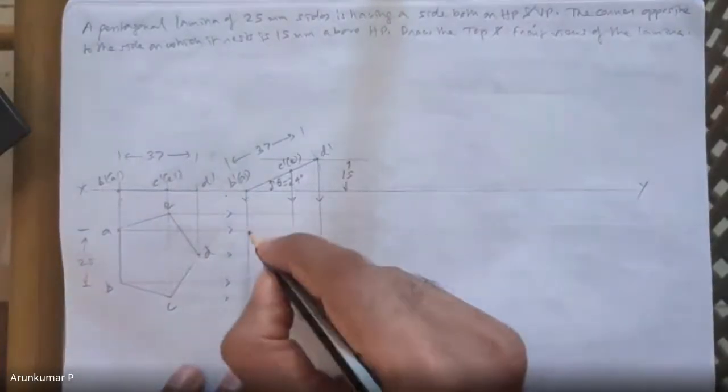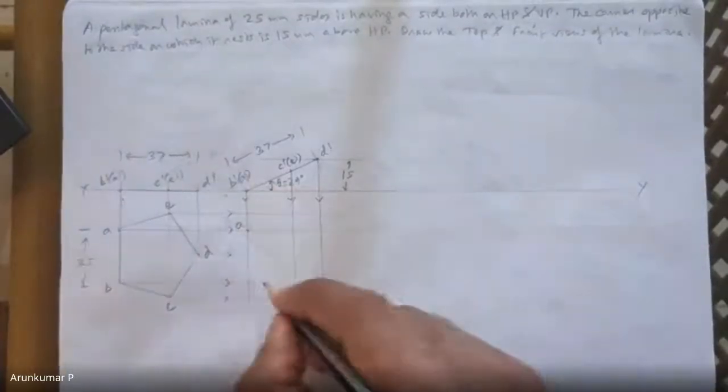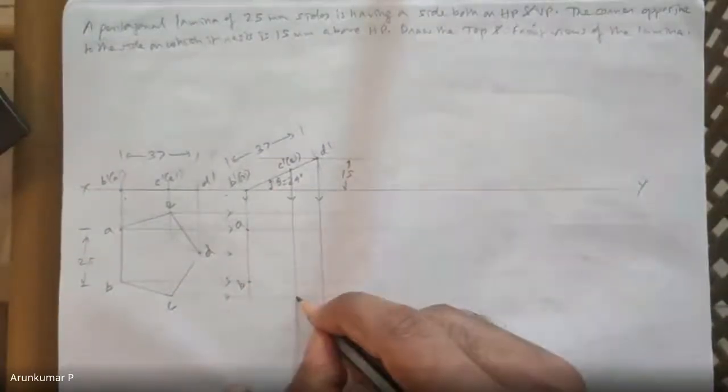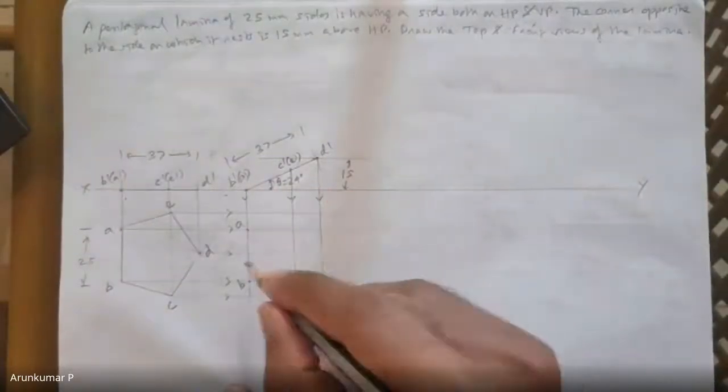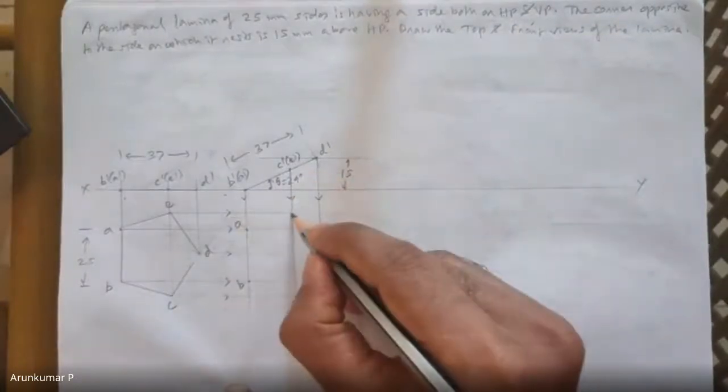A dash and A, this is A. B dash and B, this is B. C dash and C, this is C. D dash and D, this is D. E dash and E, this is E.